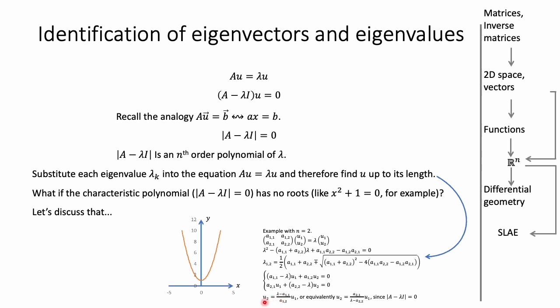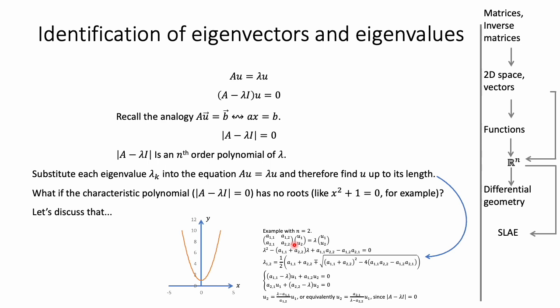But their first components and their second components are coupled to each other by a strictly defined proportionality coefficient here. Okay, so we found first lambda by equalizing the determinant to 0, and then we use this lambda to identify u up to the precision of proportionality, of linear stretching. That's it.